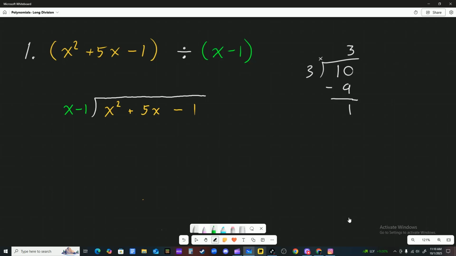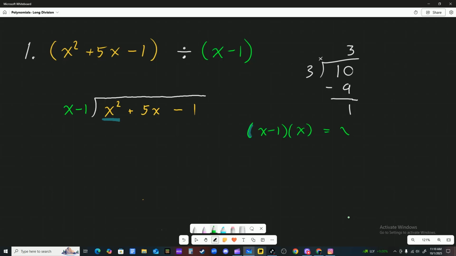What can I multiply with x minus 1 to get x squared? Because I want to get rid of this one first before I tack on the rest. We need to focus on this one right here, and then we can get rid of the rest. So in order to get rid of that, I can multiply x minus 1 times x.